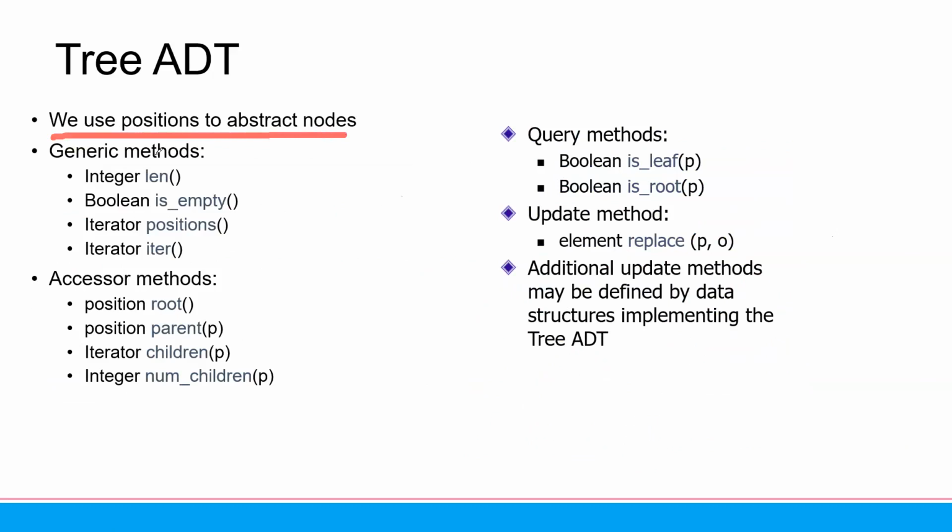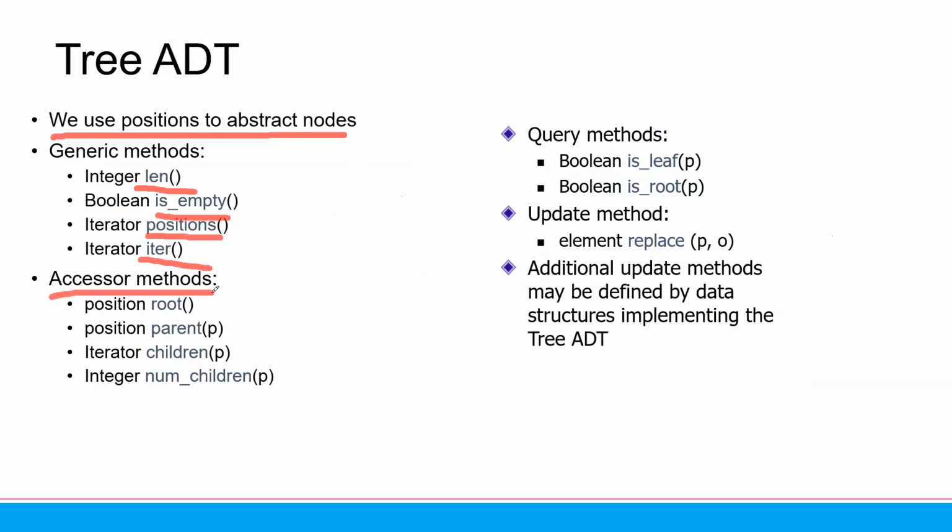And some generic methods: we have length, to know how many elements in the tree, how many nodes in the tree. Is empty, whether the tree is empty or not. Positions, to iterate over positions, or we can do the iter. We can just do the iteration for each element.